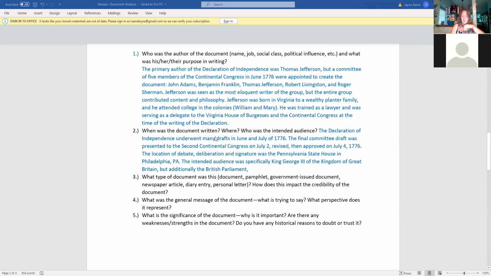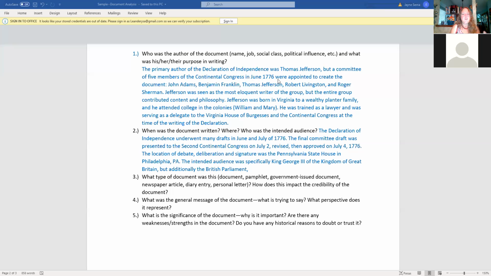In this document analysis, I would fully expect sections 4 and 5 to be the longest ones. And by the time I'm done, that's probably how this will work. Depending on the document, you may not have quite as much to say about the author. If you read my sample, which I'm sure you will, what you'll notice is I read about the author at the point at which he wrote the document.